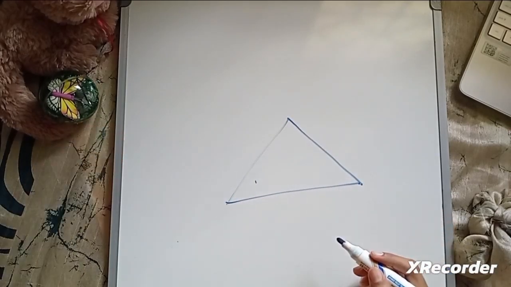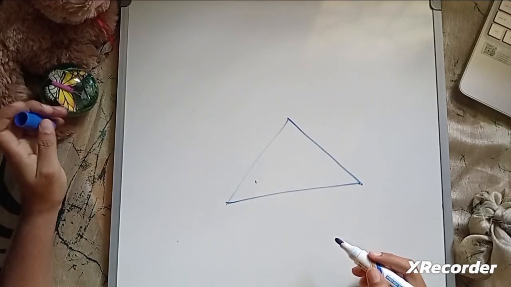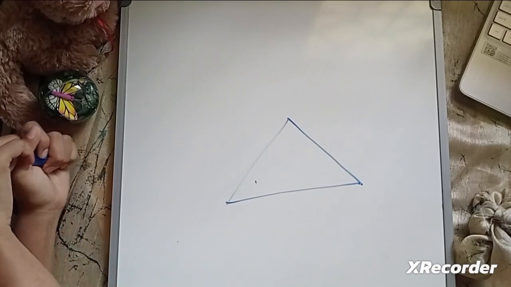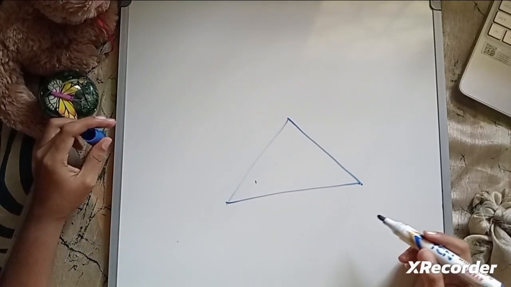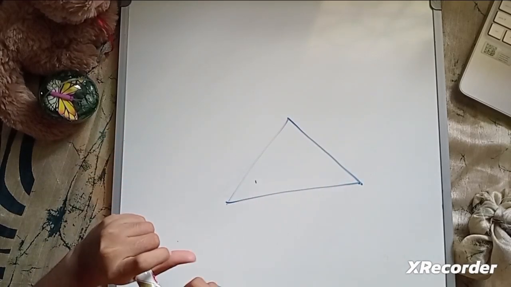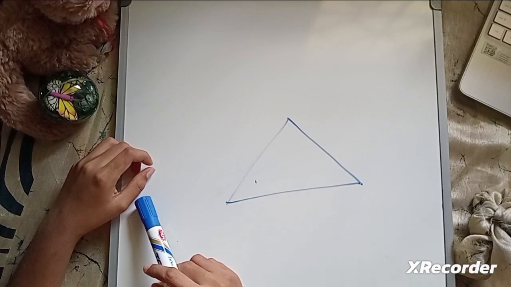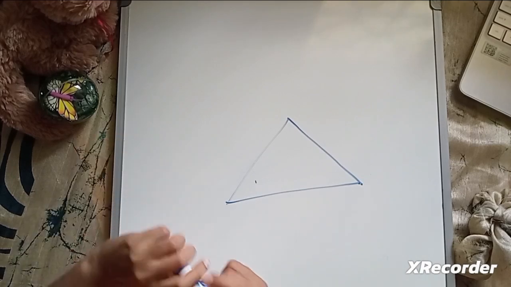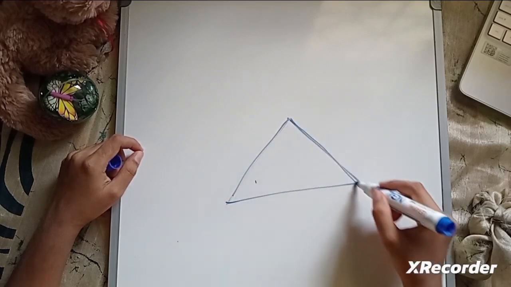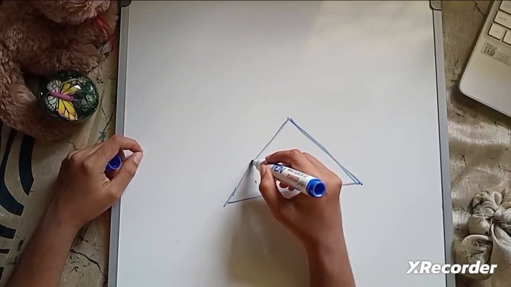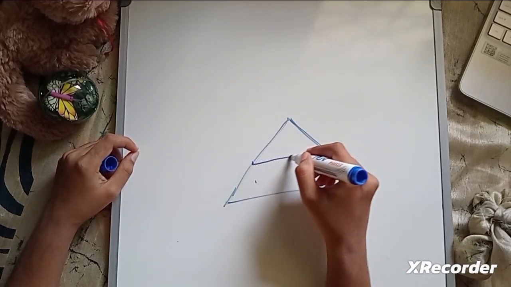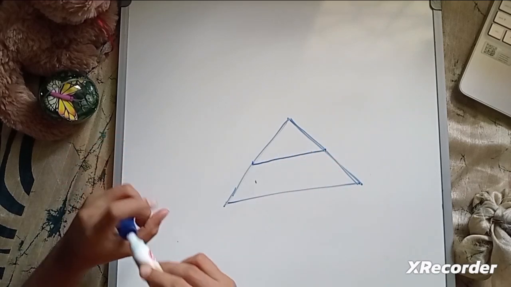Please remember these things, because you will want these things even in the first paper. So the midpoint theorem says the line segment joining the midpoints of two sides of a triangle. If we consider these two sides, then these are the midpoints of these two sides. So this is the line segment joining these midpoints.